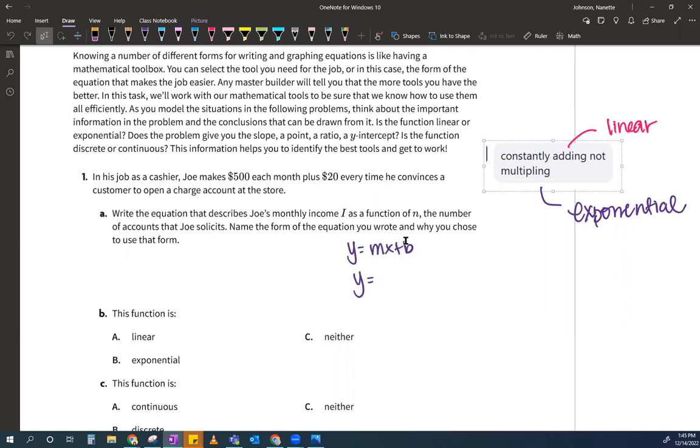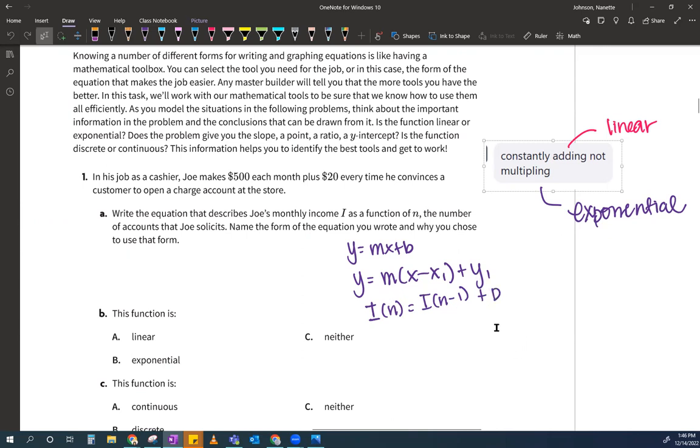Or do you want to write it as recursive? I'm just going to write recursive. Ooh, I can write recursive like this. Hold on, we're supposed to be using I. I of n equals I of n minus 1 plus d. Which way do you want to go? Slope intercept? Recursive? What do you want to do?